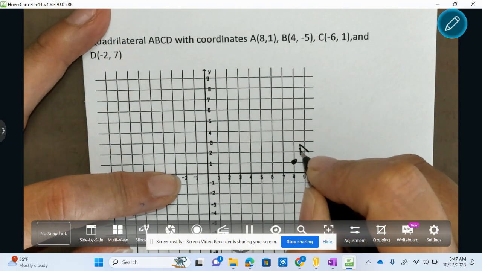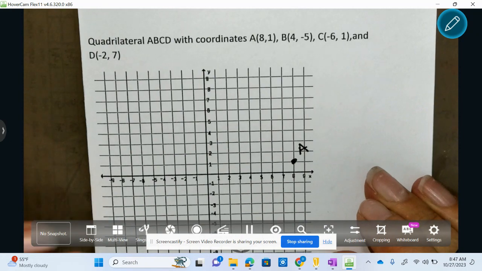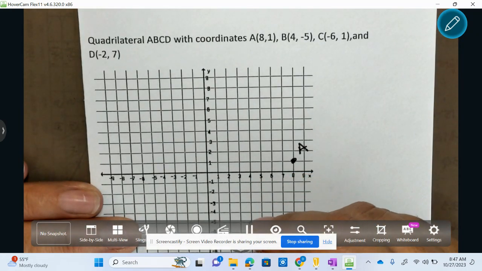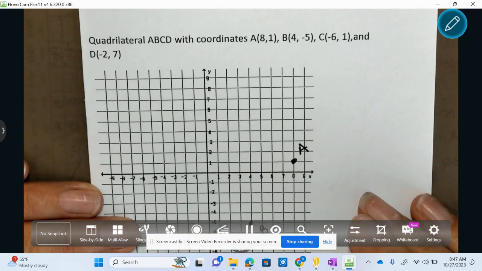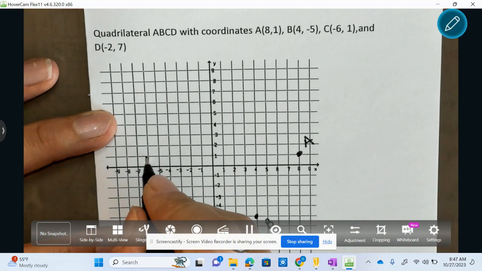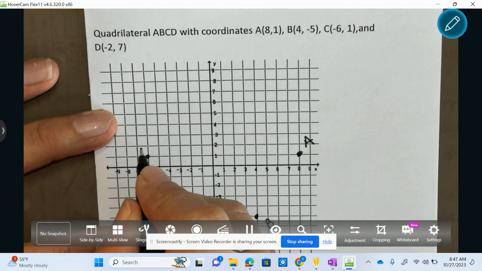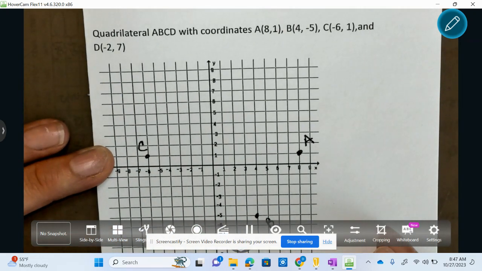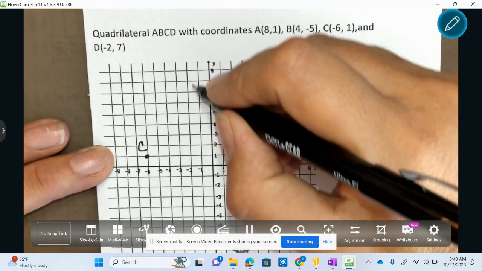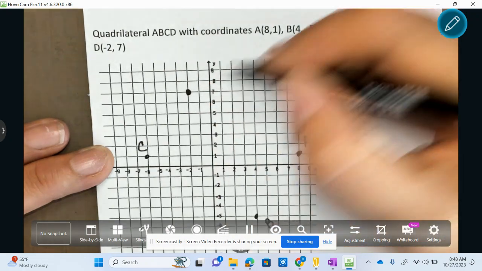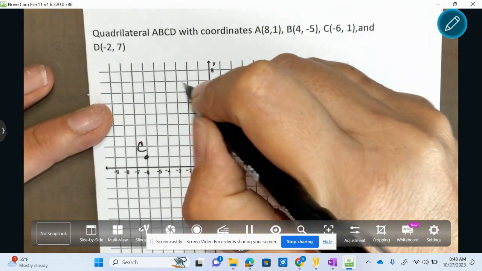Label it as point A. Our next ordered pair, B, 4, -5. C is -6, 1. And D is -2, 7.